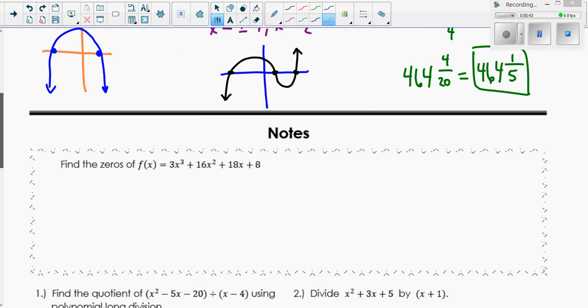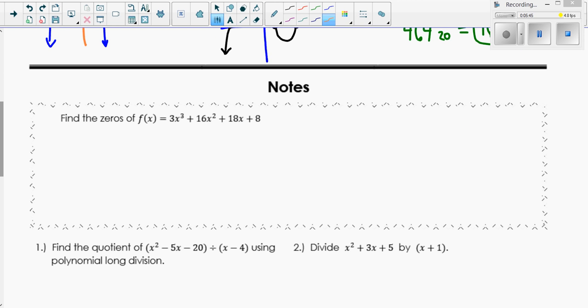Alright, let's look at some of the problems today. If you were given this problem and you were told the same thing as number 1 and 2 in the warm-up, and told to find the zeros, the only thing that we could do is factor by grouping. There is no GCF, so I'm going to take out an x squared here, and here I'm going to take out a 2.